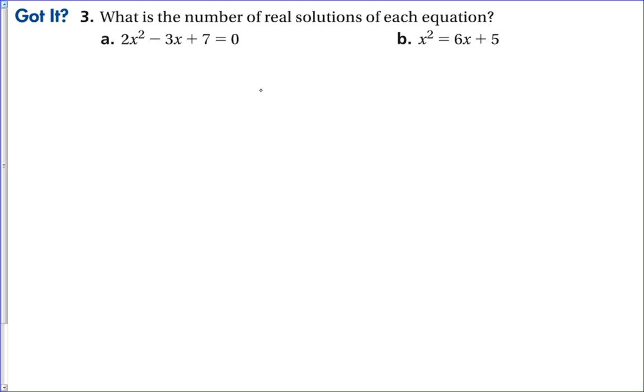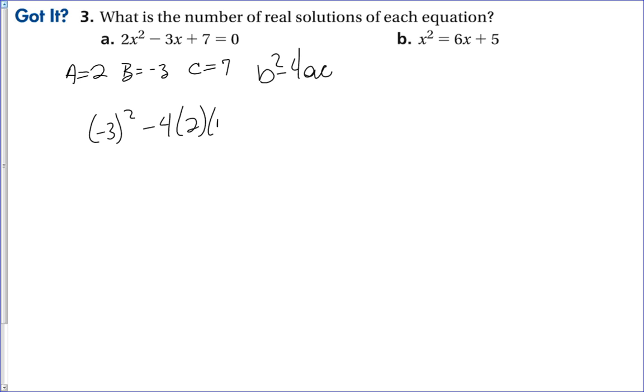Again, your discriminant is b squared minus 4ac. For this one, a equals 2, b equals negative 3, and c equals 7. Let's plug them in. We have negative 3 squared minus 4 times 2 times 7. So we have 9 minus, now 7 times 2 is 14, times 4 is 56.